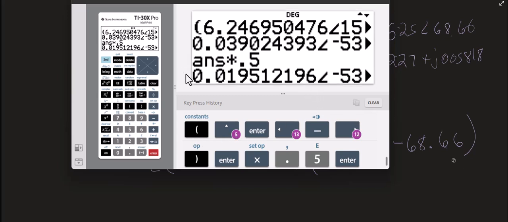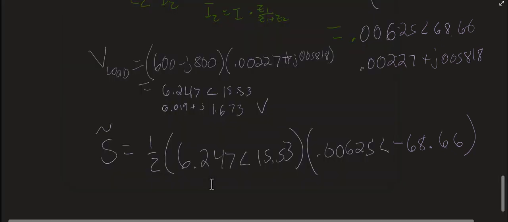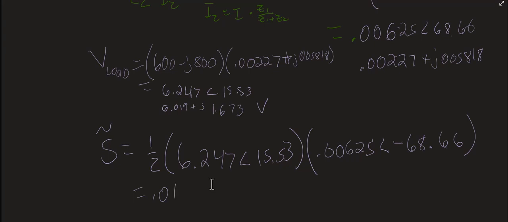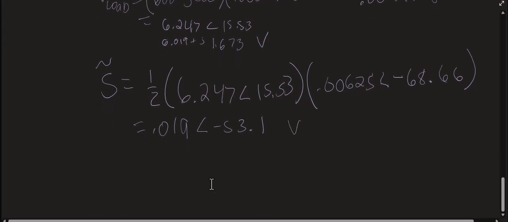Okay, so in phasor form, 0.019 angle negative 53.1. And what are my units for this? VA, volt amps.